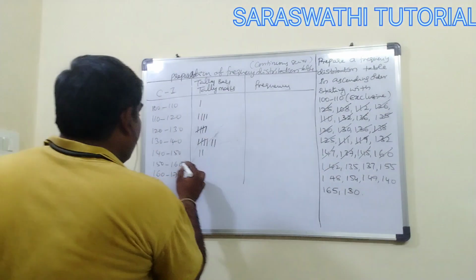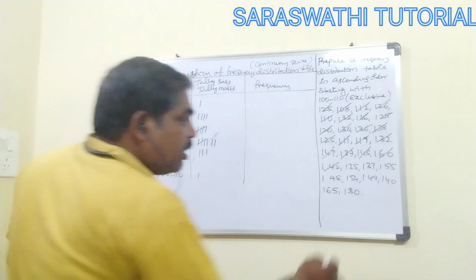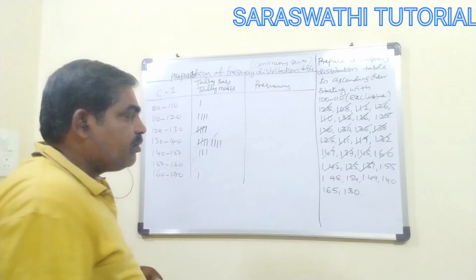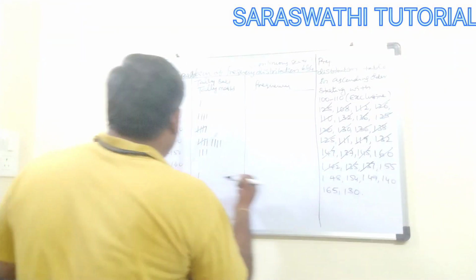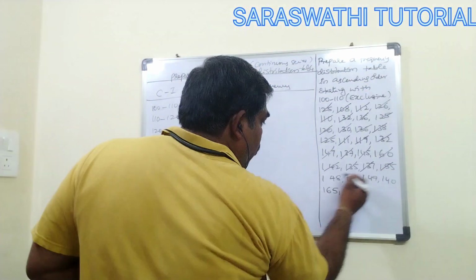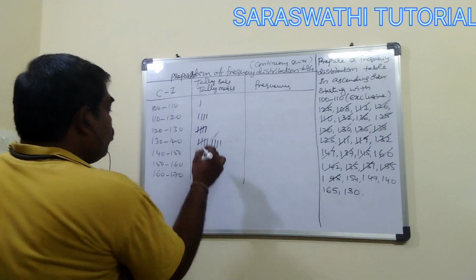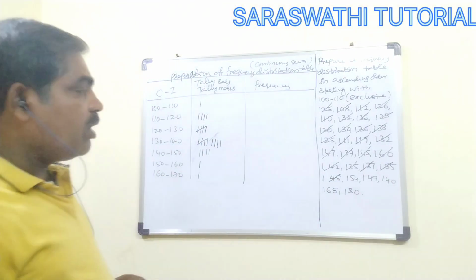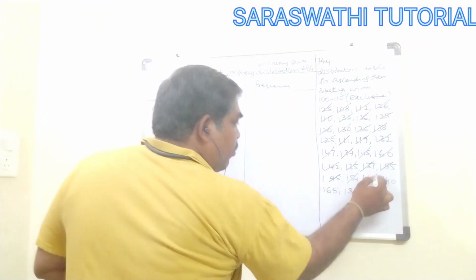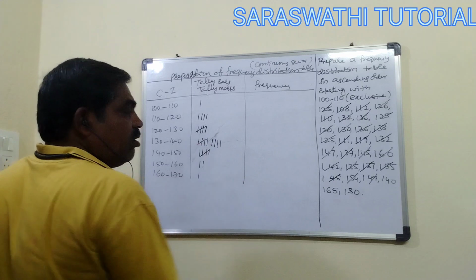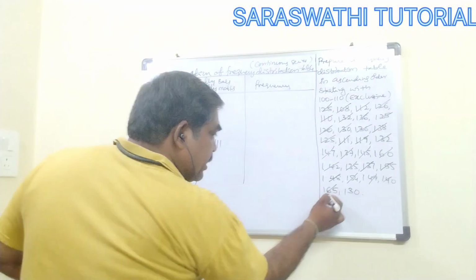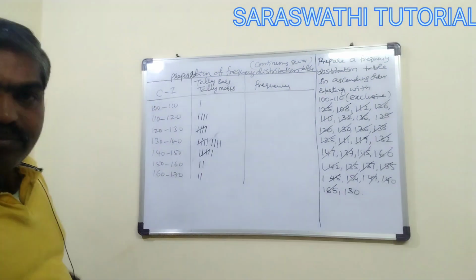Then 142, 150. Then 135, 137, both come between 130 to 140, 2 tally marks. Then 155, 152, 160. 148, 142, 150. Then 154, 152, 160. 149, 142, 150, 140, 142, 150, 165, 162, 170.